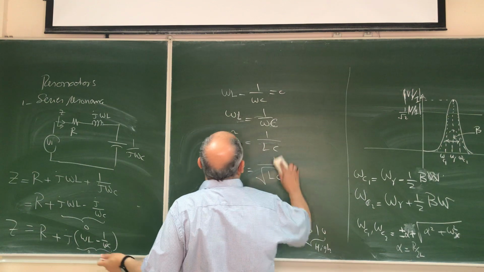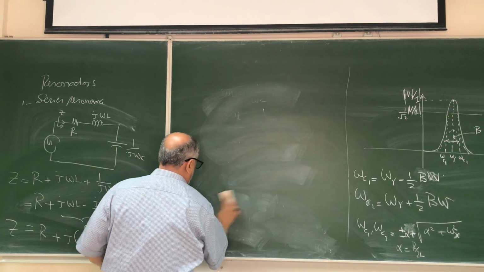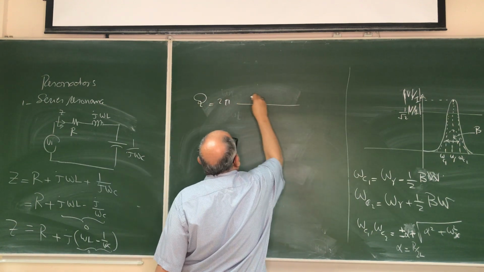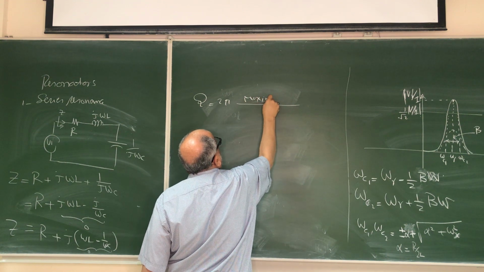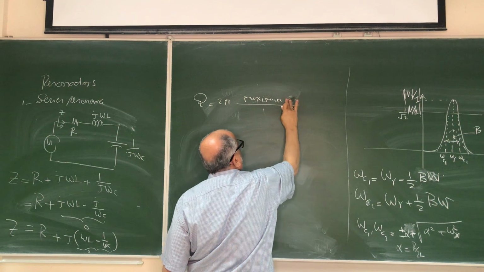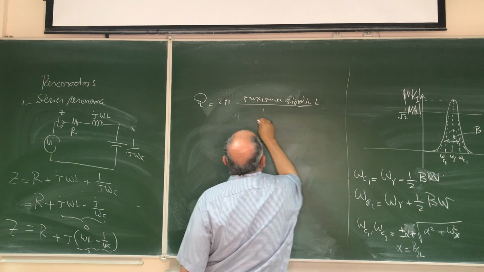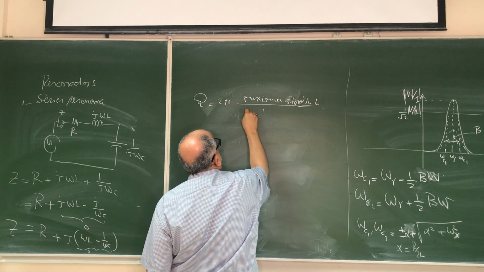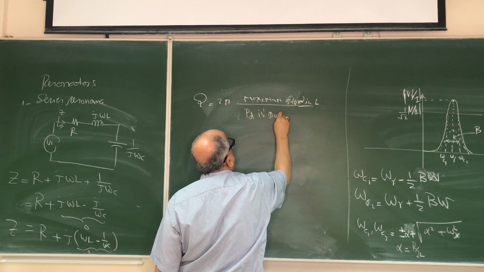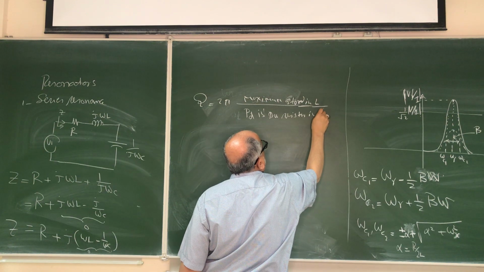By definition, Q is equal to 2 pi times the maximum energy stored in L, in this case, divided by the energy dissipated in the resistor in one period.